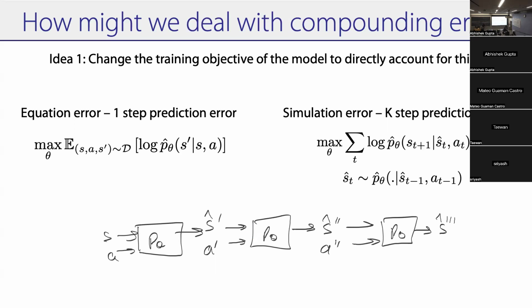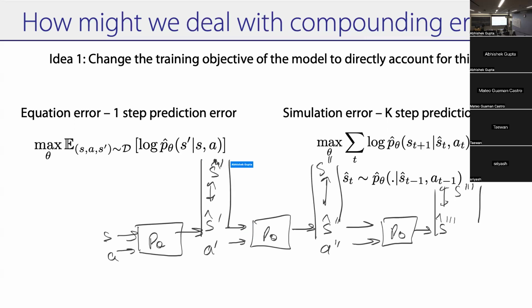The error is going to compare these two things, this is going to be s prime, and this is going to be s prime prime, and compare it with s prime prime. You take the differences and sum them up over all of the time steps, so it tries to match at multi-step.